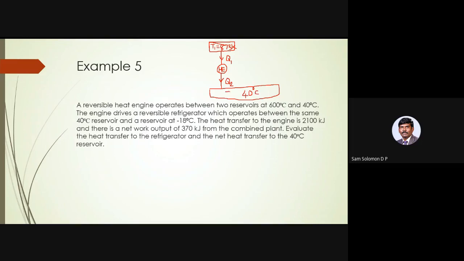So this is my T2. And now the engine is driving a refrigerator, and the operation limit is between 40 and minus 18. I can draw it in two ways, but it would be better if I draw it like this.